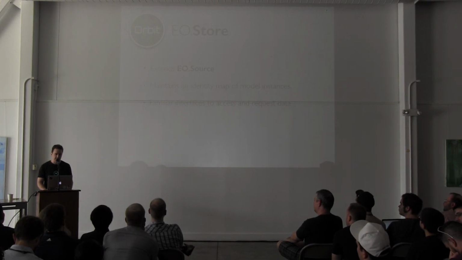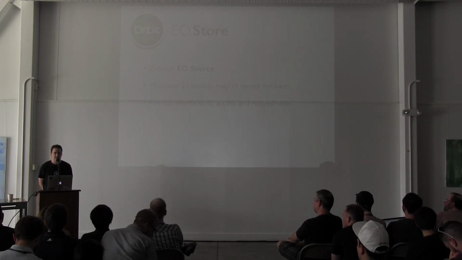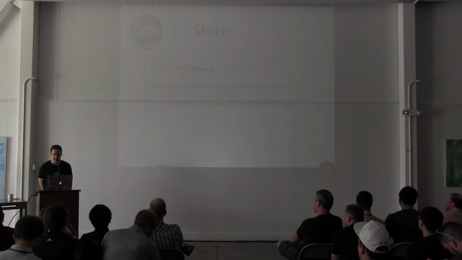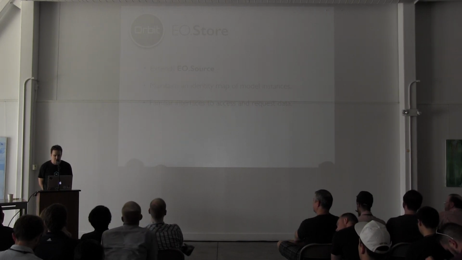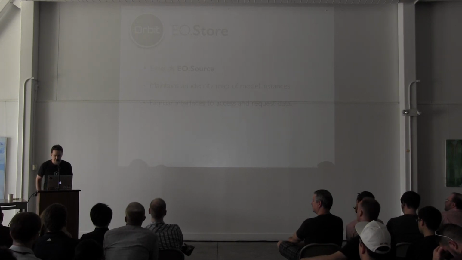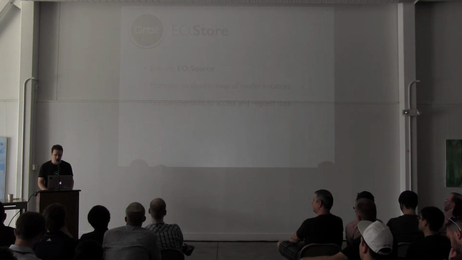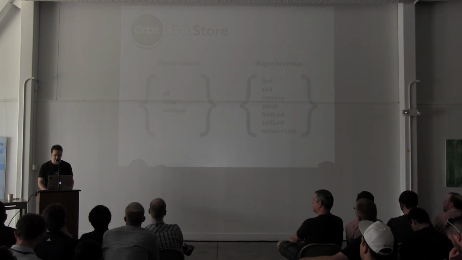I really respect Ember Data's API, and I think a lot of those interfaces are really well designed, and I've tried to keep Ember Orbit's interfaces as similar as possible without compromising on what's possible with Orbit.